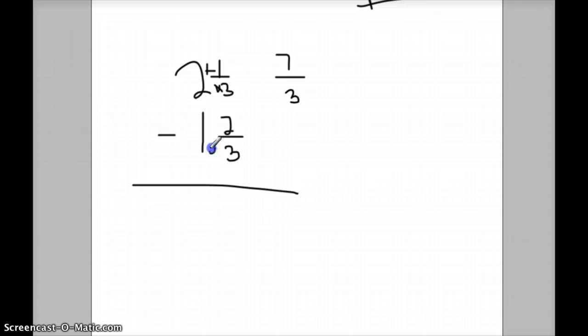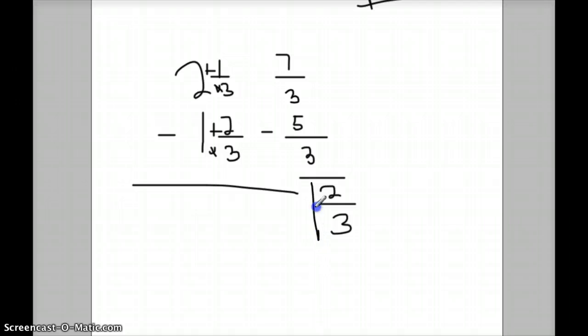So 3 times 1, 3, plus 2, 5. 7 minus 5 gets me 2/3. And now I don't have to do anything. That's my answer. 2/3 is my answer. I made them into improper fractions, subtracted, and got 2/3. This is the one you want to use if you're getting confused by all the steps.